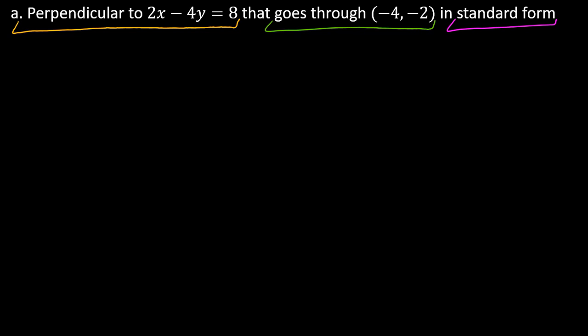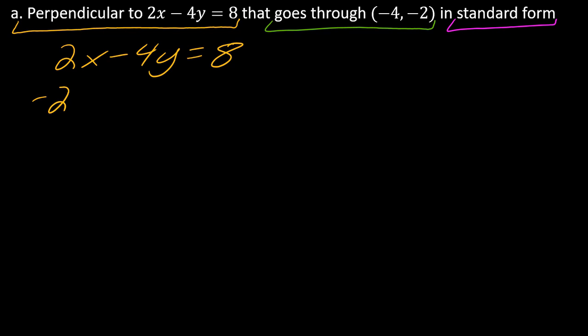Okay, so what I want you to do is determine what slope we need in this case. So notice that I've got this 2x minus 4y equals 8. Once again, this is not in slope-intercept form, so you can't just look at this and figure out what the slope is. So why don't you take a second to rewrite this in slope-intercept form and then hit play when you're ready.